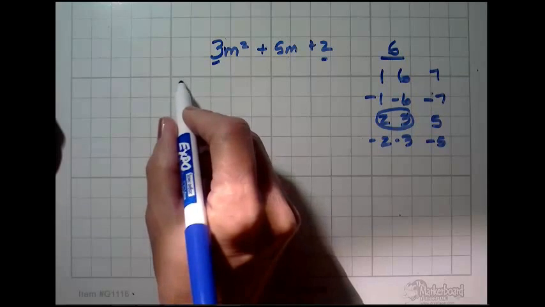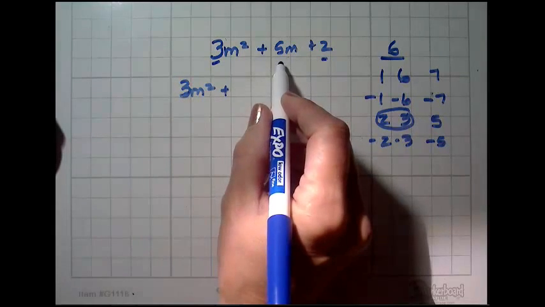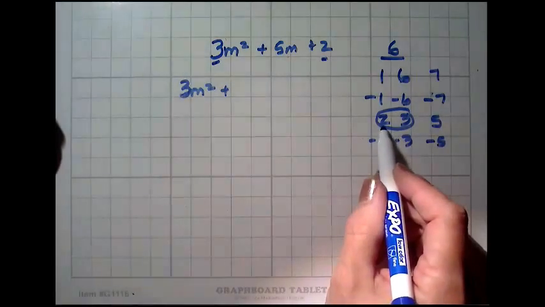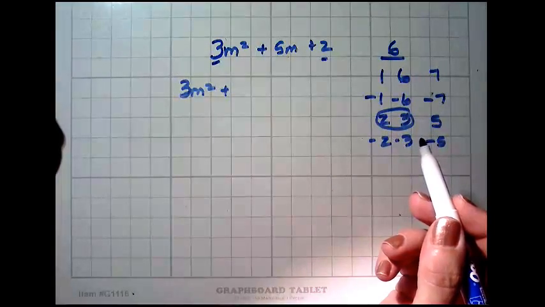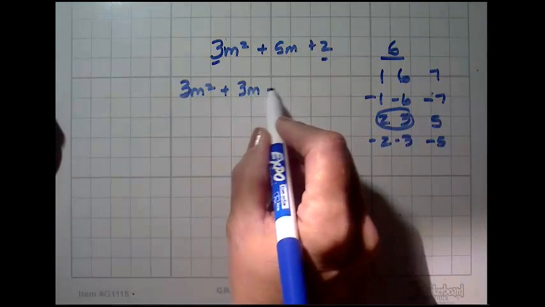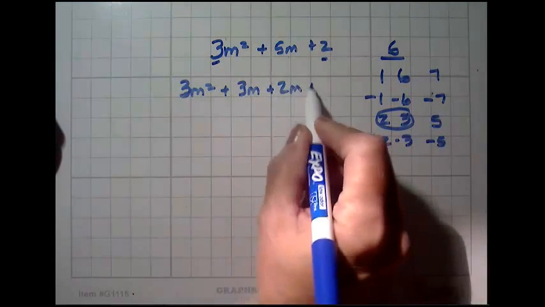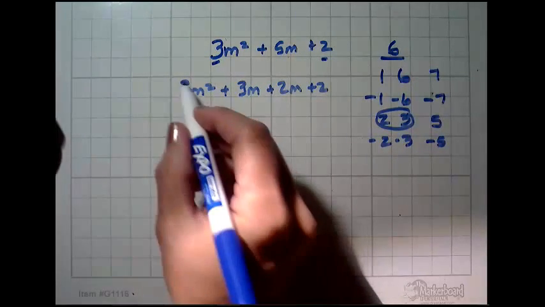We're going to rewrite the 3m squared plus, and instead of 5m, we're going to say 2m plus 3m, because 2m plus 3m does give me 5m. 3m squared plus 3m plus 2m plus 2, bringing down my plus 2, and now we're ready to finish our factoring.